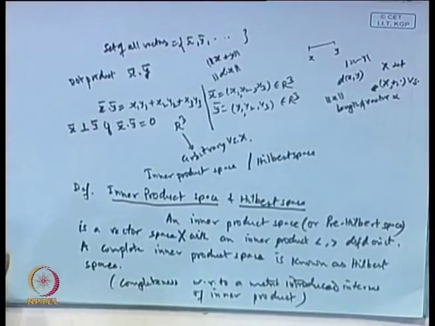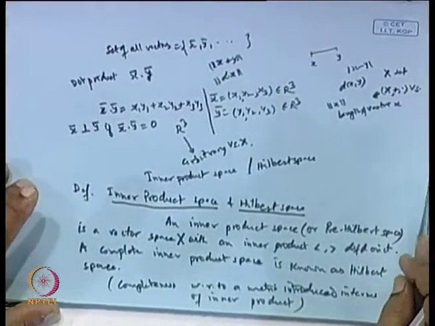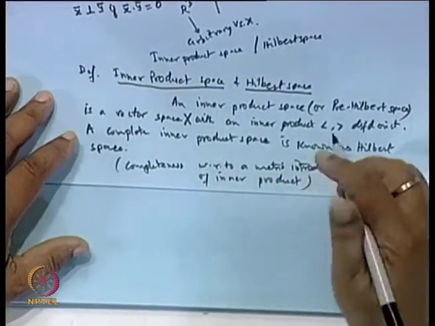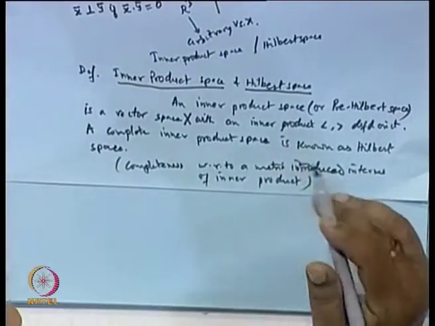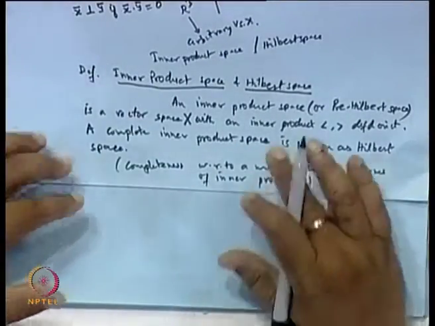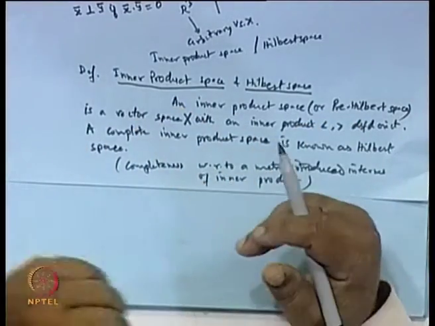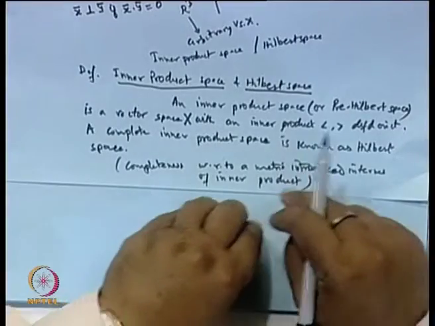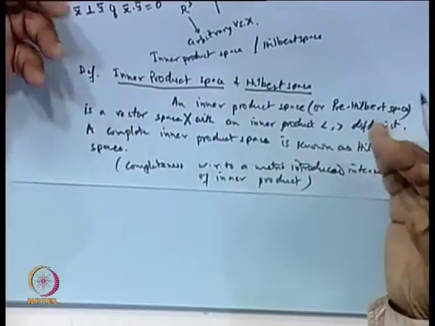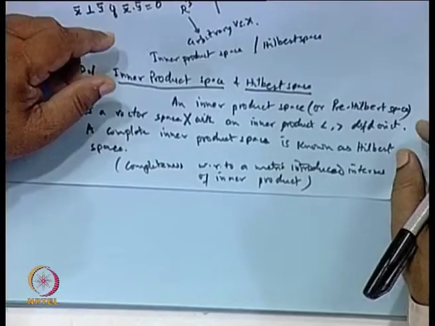Clear? So, now the entire thing which we have defined depends on the definition of inner product. How to define the inner product? Because once the inner product is defined on a vector space, then this pair will be the inner product space, and when a metric is defined in terms of the inner product and every Cauchy sequence converges, then we say it is a Hilbert space.